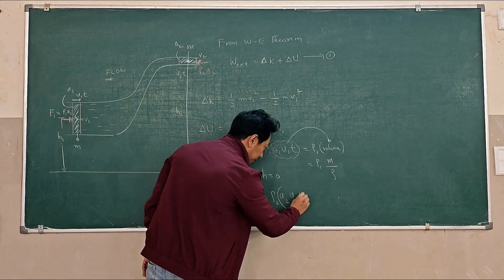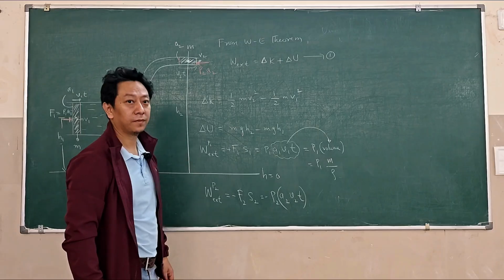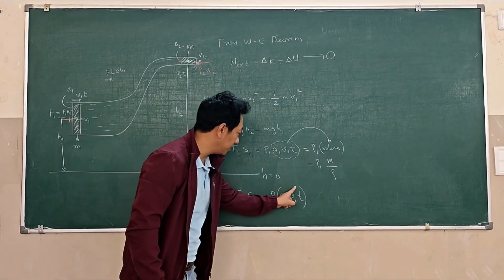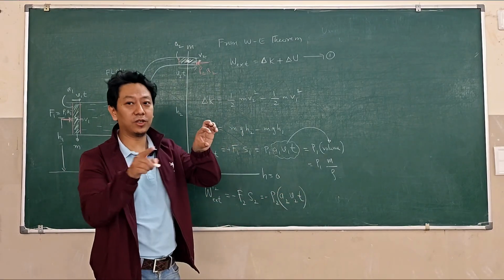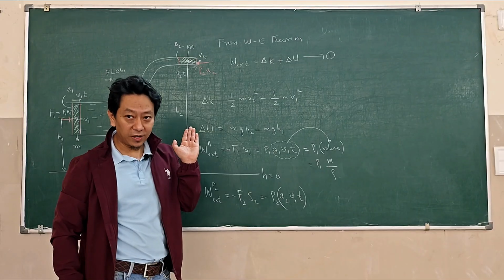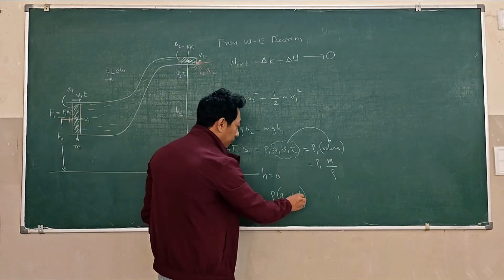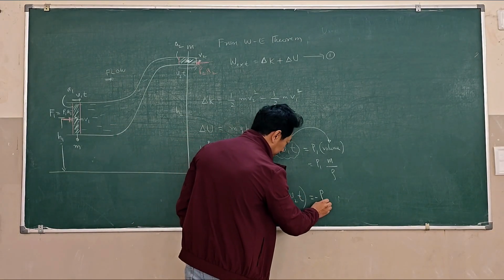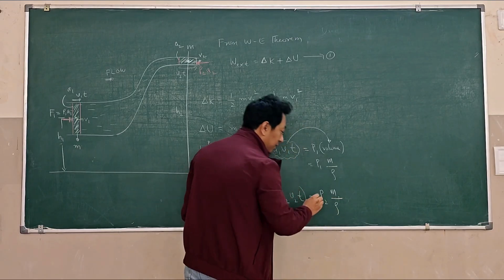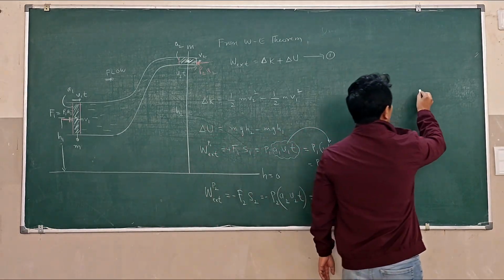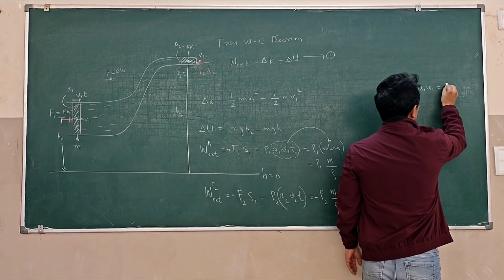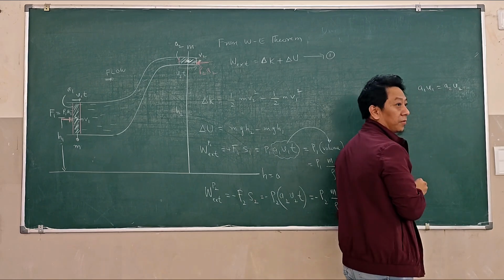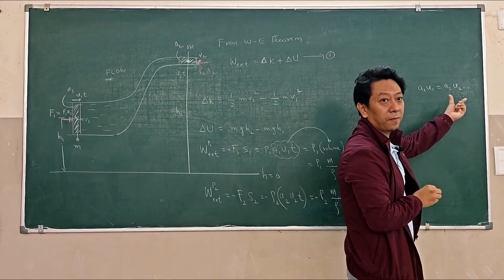What is this? This is area, this is distance. What is area into distance? The volume that went out. What is the volume that went out in terms of mass? Mass by density. Because already we know A1 V1 equals A2 V2. This we already proved last topic.